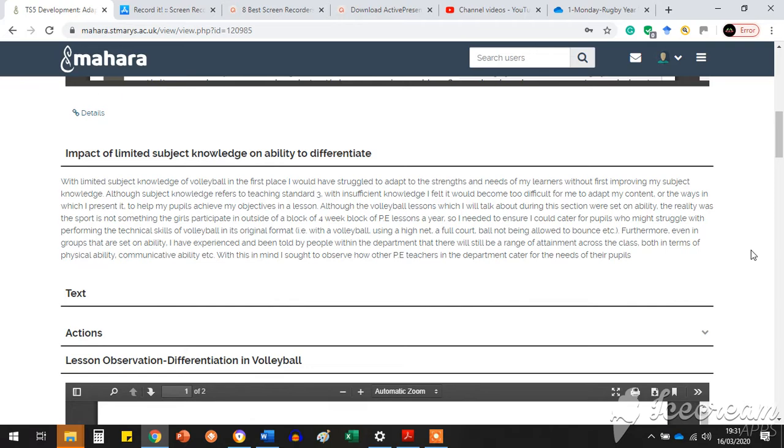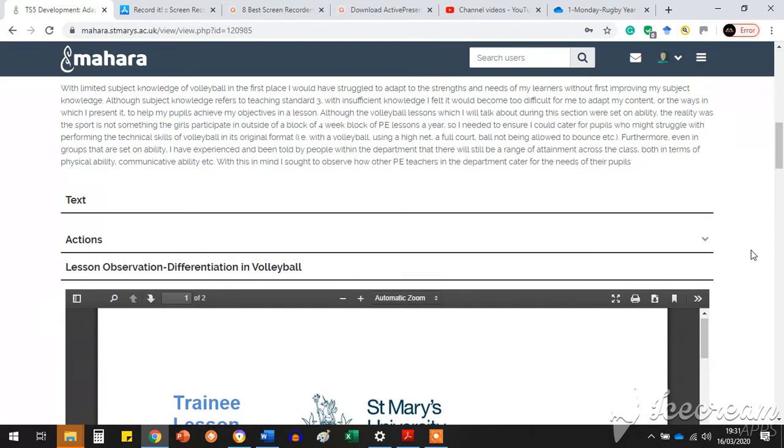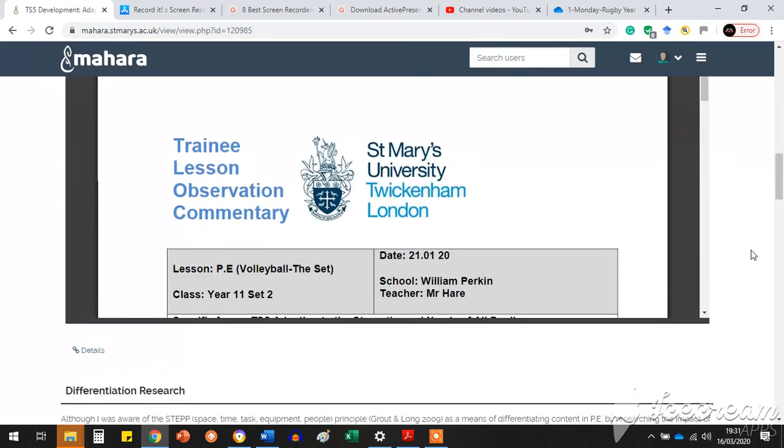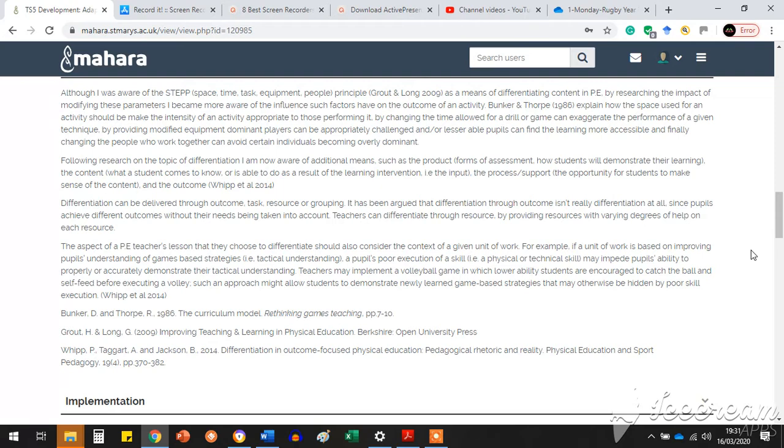Having done a little bit of research on differentiation, I soon realized that there are multiple ways in which content can be differentiated, not just using the STEP abbreviation of space, time, equipment, task, and people, but also by diving a little bit deeper into this.